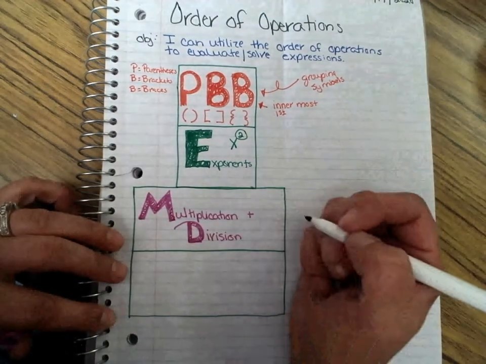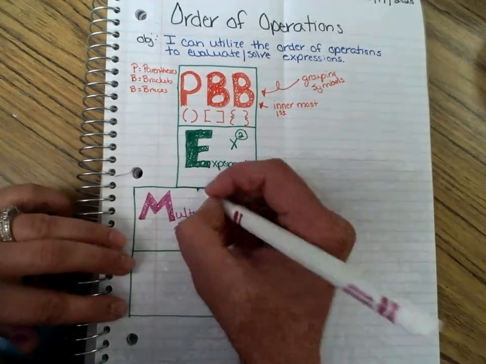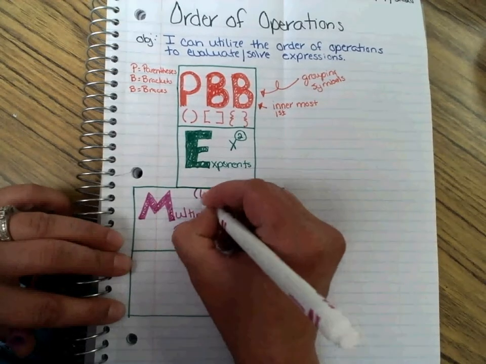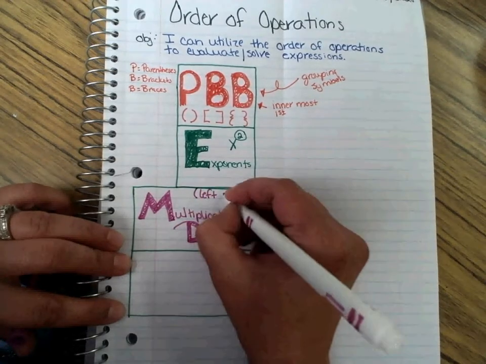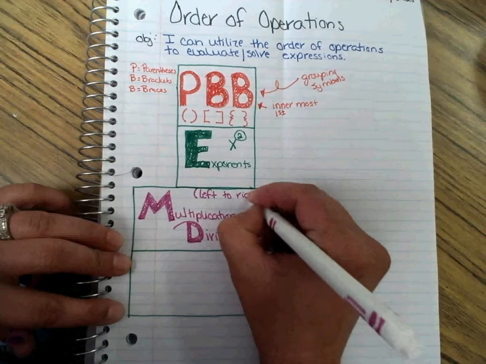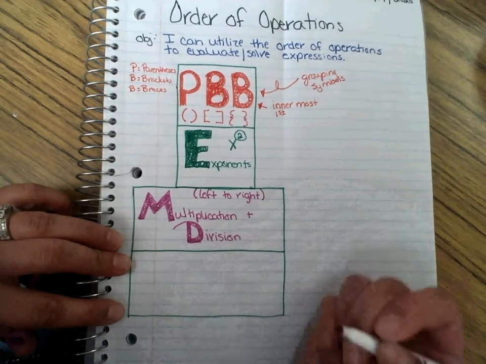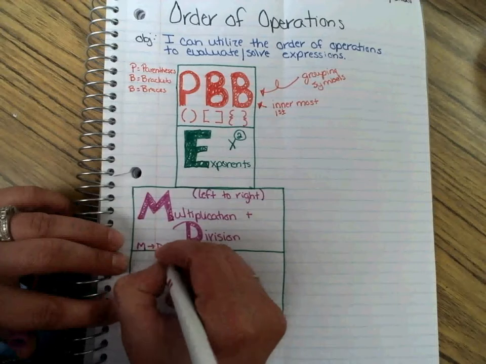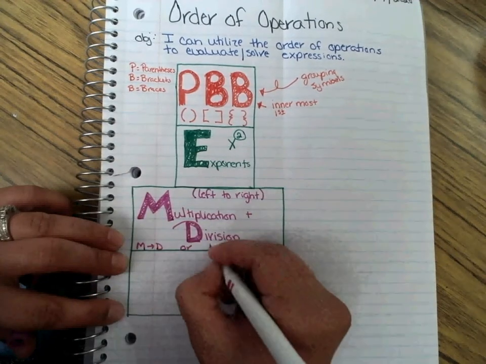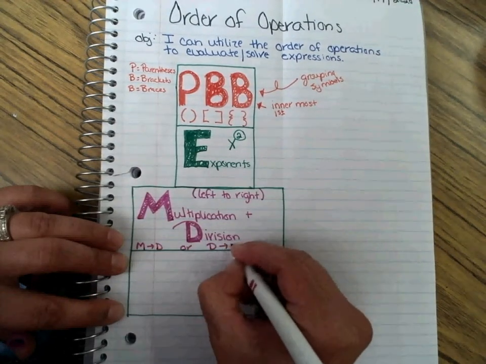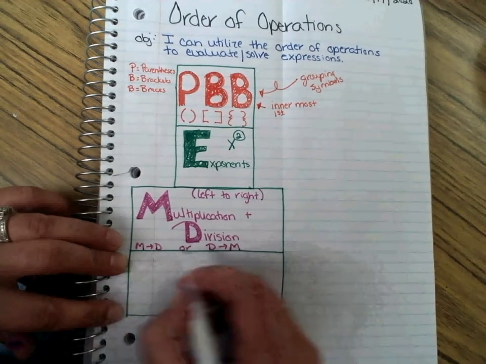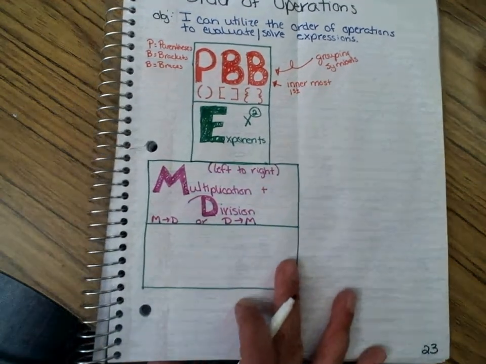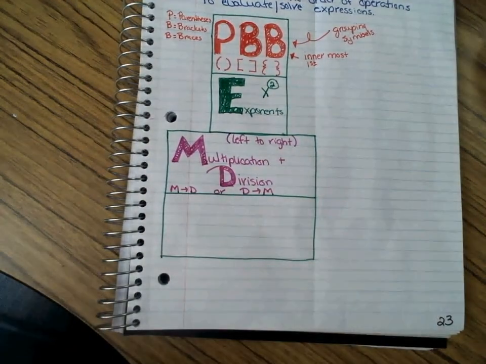Okay, and remember, this is from left to right in the order in which we see it. So it could look like multiplication to division, or it could look like division to multiplication, depending on which one comes first to the furthest left in the problem.